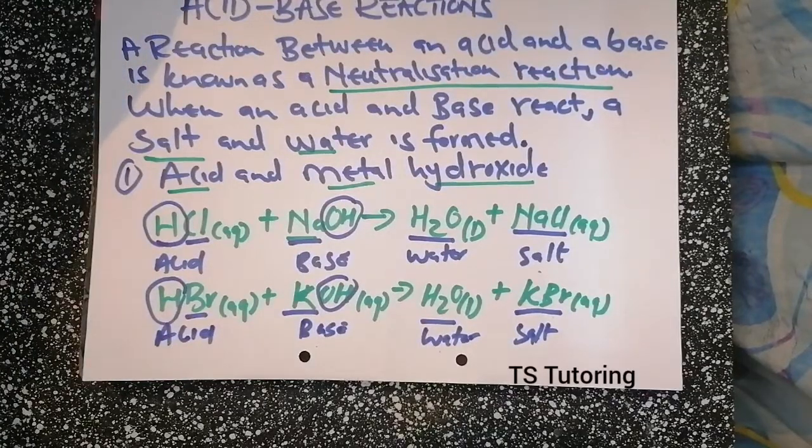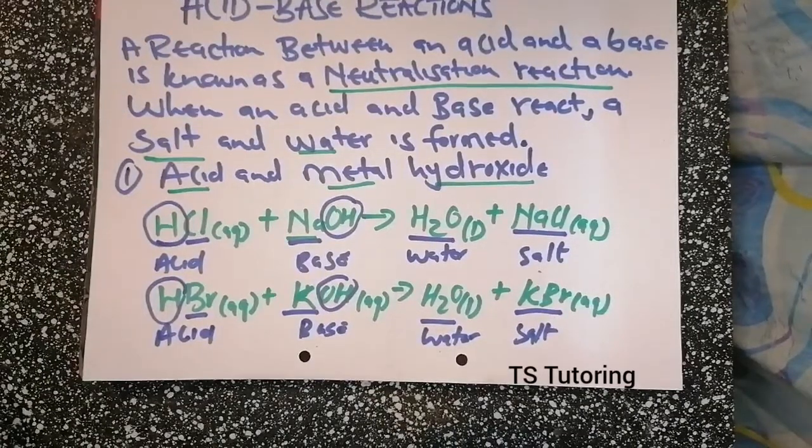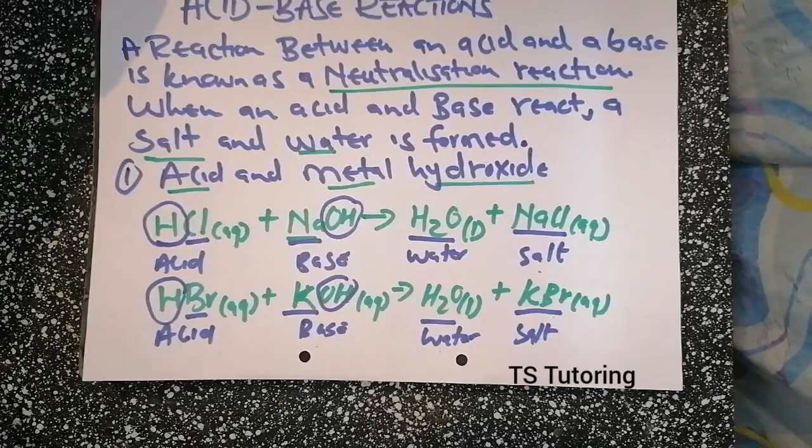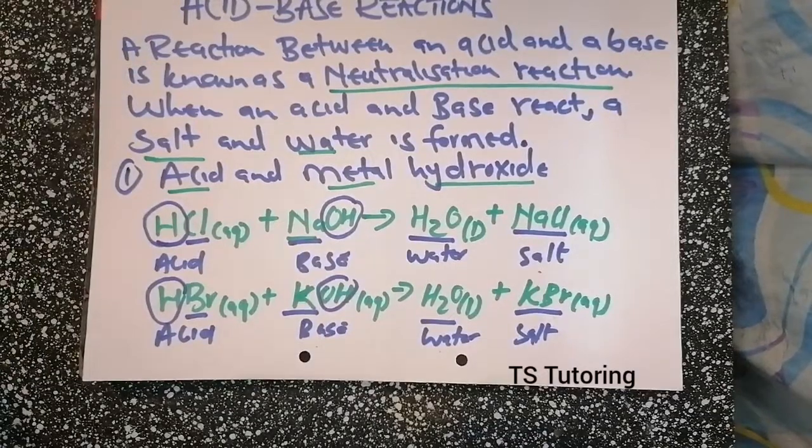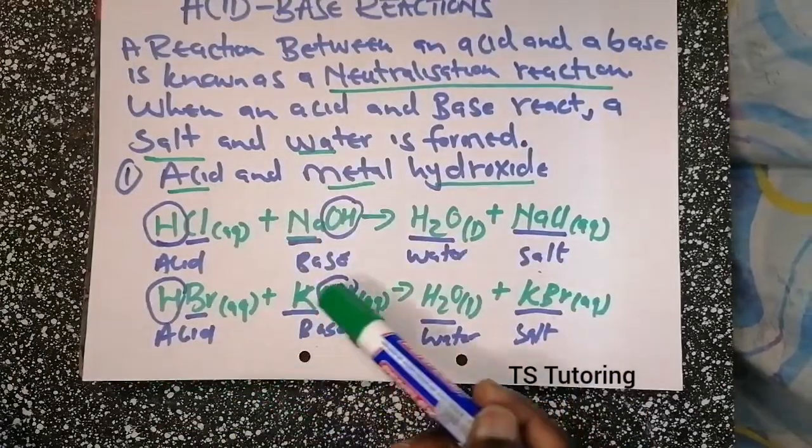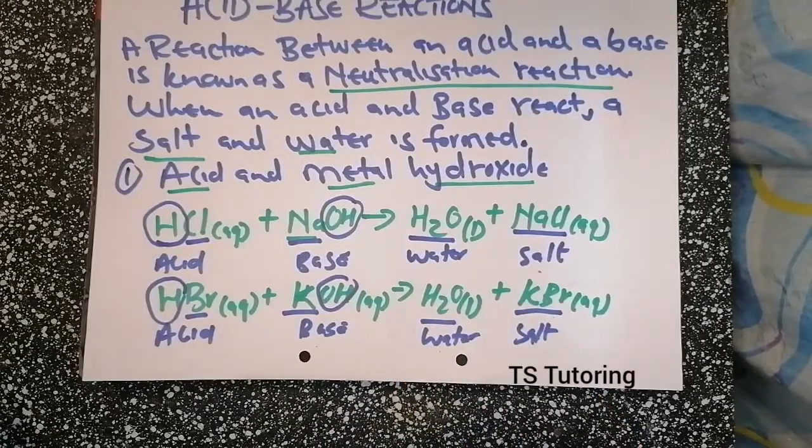So now you understand the neutralization reaction. An acid and a base react and then they form salt and water. There are other reactions, right, of acids and bases, right? Now here we looked at an acid and a metal hydroxide, isn't it?